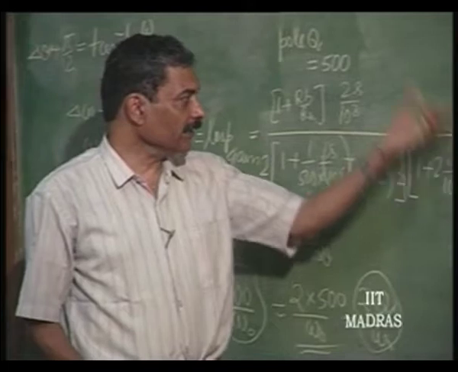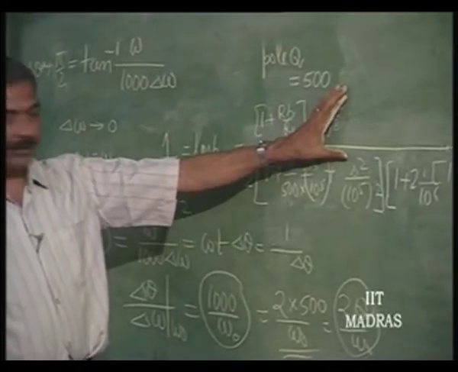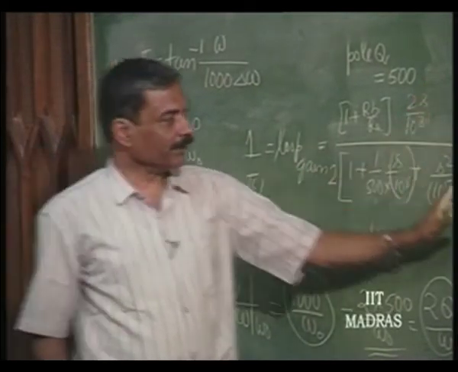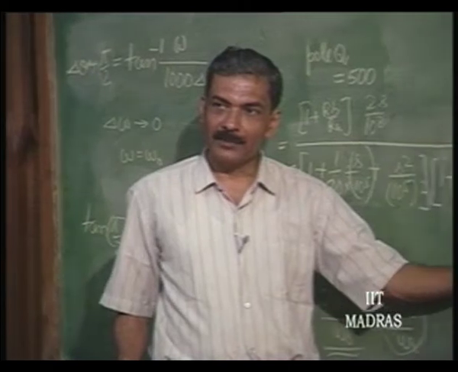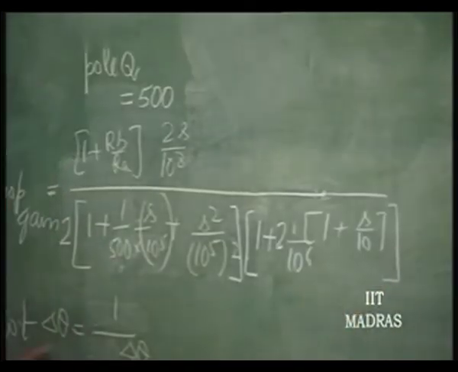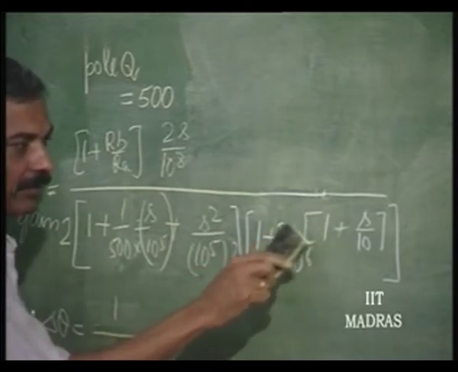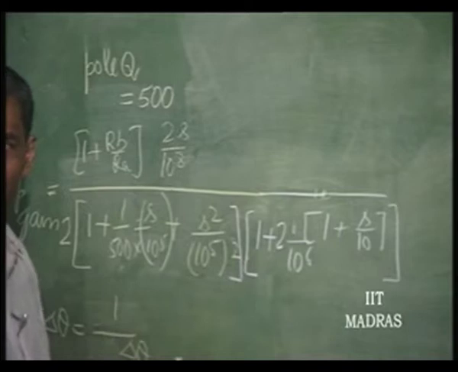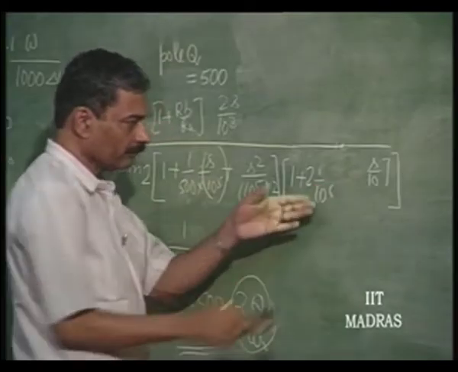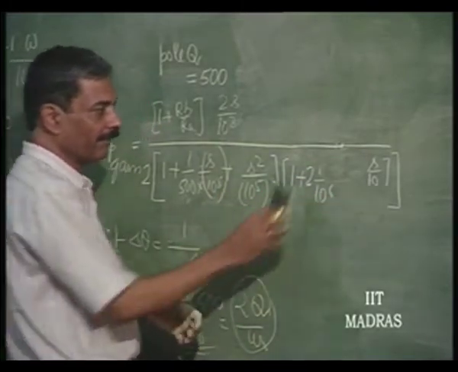Now, if you consider the whole expression at omega equal to omega naught, this expression is going to contribute 0 phase shift, but there is going to be a phase lag contributed by this finite gain, and therefore, this is 1 plus 2 divided by 10 to the power 6. So, that 1 plus 2 by 10 to the power 6 can be ignored compared to this. So, it is 2s by 10 to the power 7.